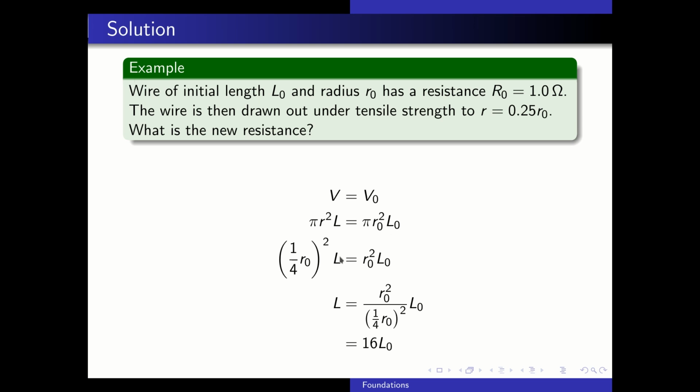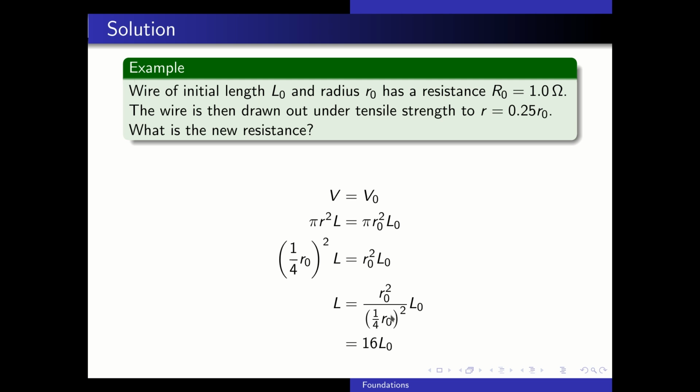Once we cancel out the pi's from either side, I'm going to take this r and replace it with 1/4 r naught, because we turned the radius from r naught to 1/4 of r naught. And of course, we square that. I'm going to leave my R naught and L naught over here just as they are. And I'm going to divide both sides by that 1/4 R naught quantity squared.